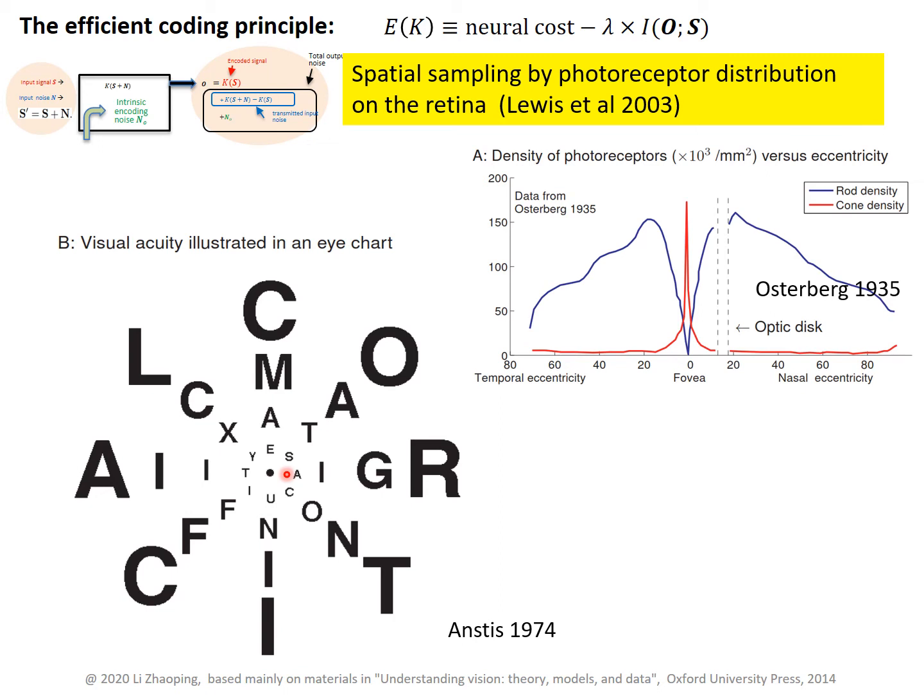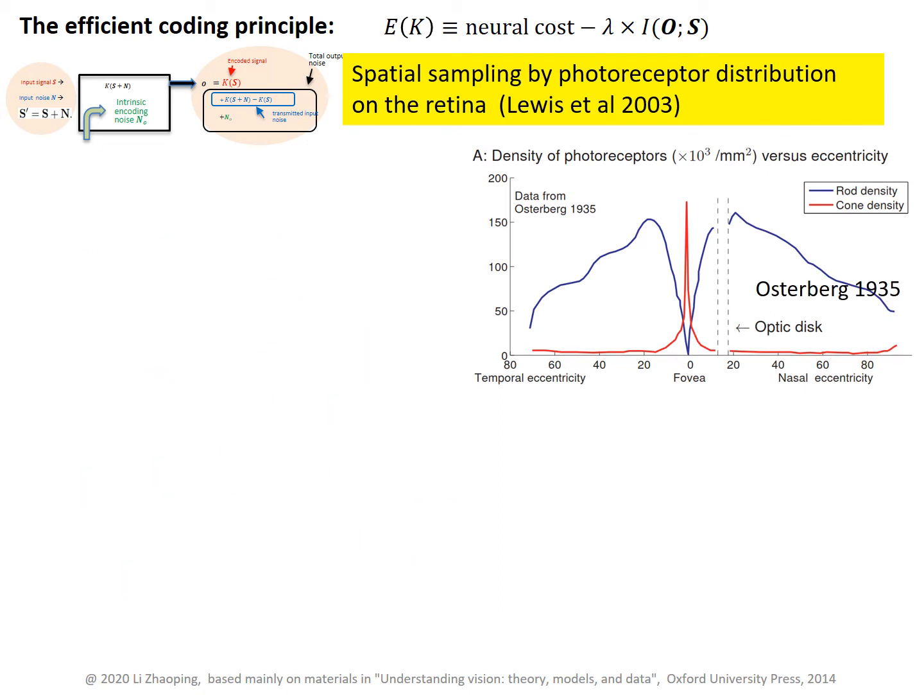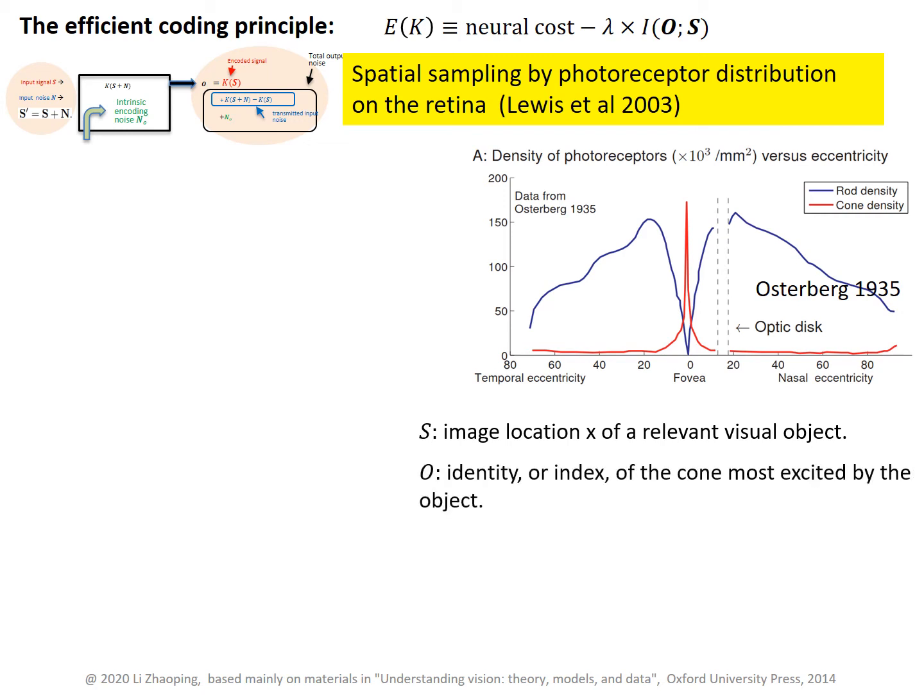So anyway, for efficient coding, we may ask, can we understand why this particular cone density is distributed this way? Can we understand it from the efficient coding principle? In this case, S is the image location X of a relevant visual object on the retina. O is the identity or the index or label of the cone most excited by this object.